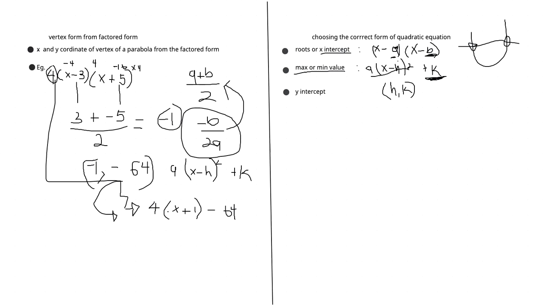And then the y-intercept, obviously we get it easily from the standard form, which is ax squared plus bx plus c. Now we know the c here is our y-intercept. This is so easy to determine from our standard form for a quadratic or a parabola.